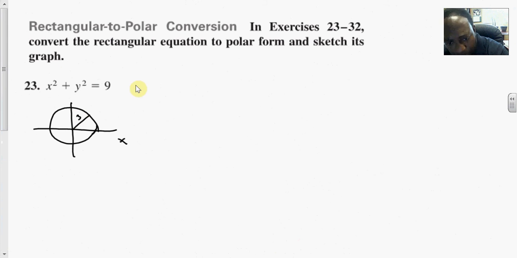Convert to polar form. x squared plus y squared is r squared. That's equal to 9. So the polar form here is that r is equal to 3.